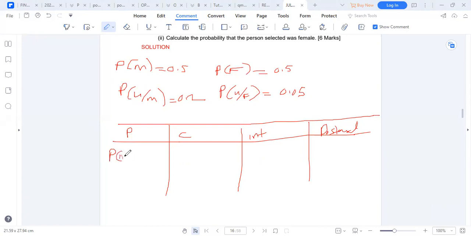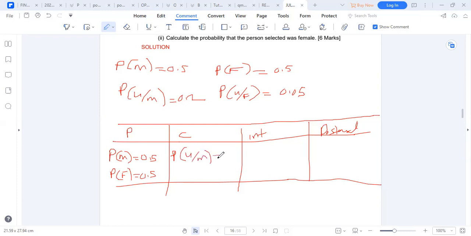The probability of M is 0.5. The probability of female is 0.5. Then the conditional probability: unemployed coming from the males was 0.2. Unemployed coming from the females was 0.05.